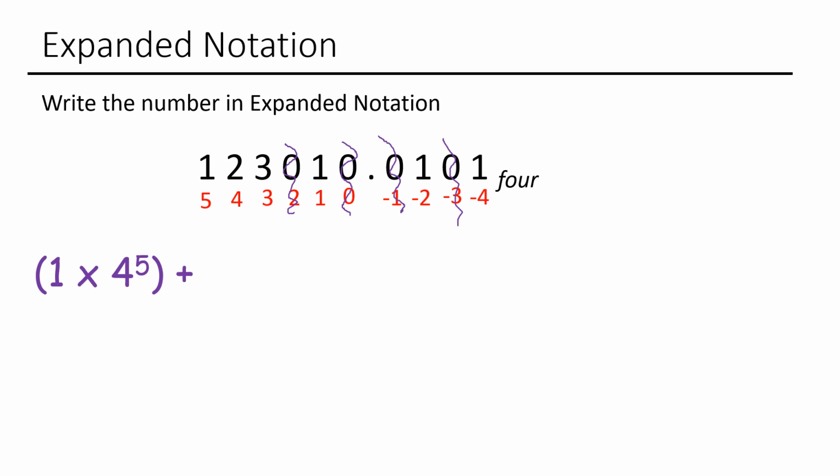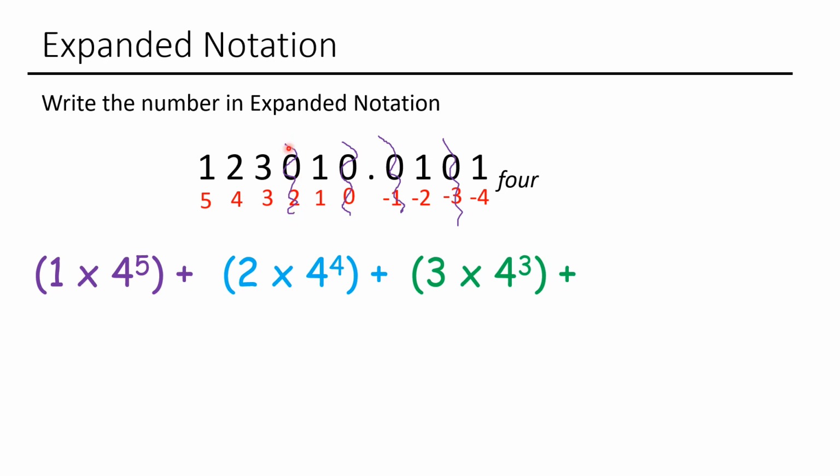So based on this right here, how would you write that? Okay, so you should have 2 times 4 to the 4th power. Then next will come 3 times 4 to the 3rd power.